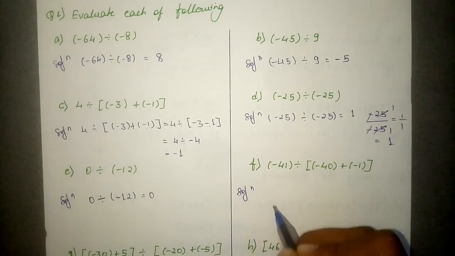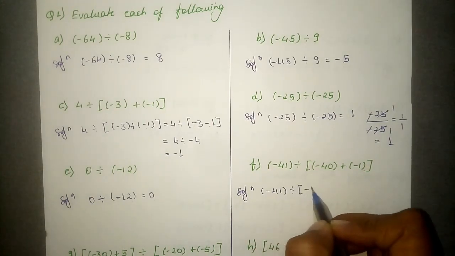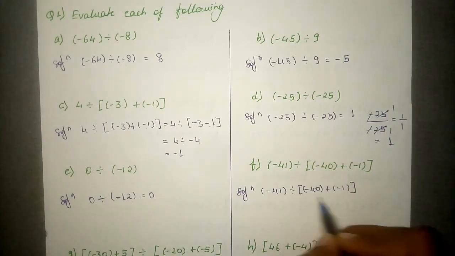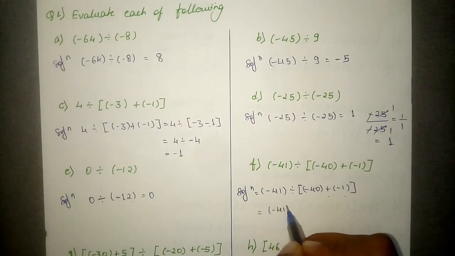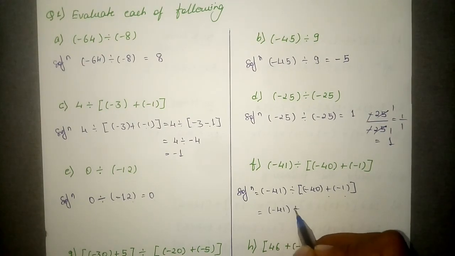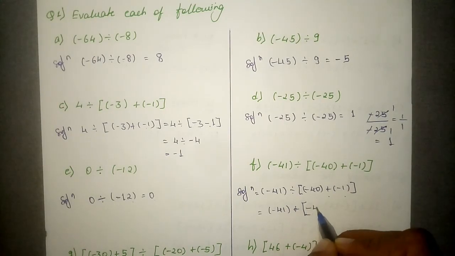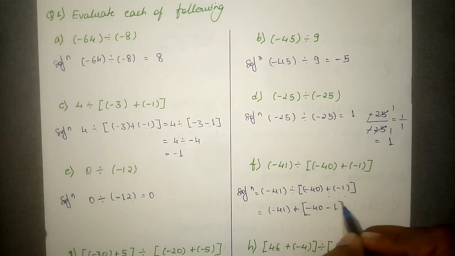Then the next it is given minus 41 divided by minus 40 plus minus 1. So first we will simplify this bracket. So what is given here, minus 41 we will write as it is, divided by, here we will remove the bracket, so it will be minus 40 and it is plus into minus will be minus 1.